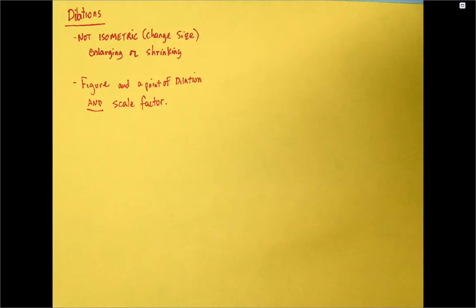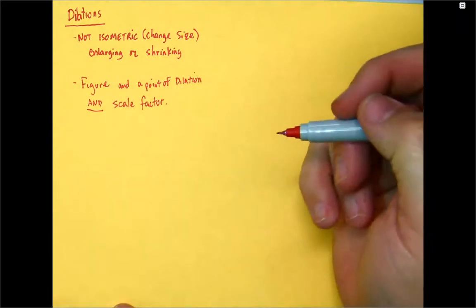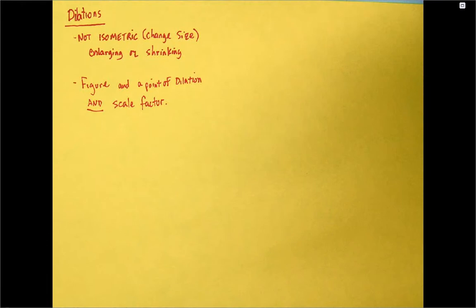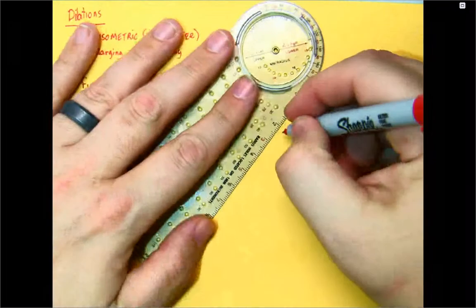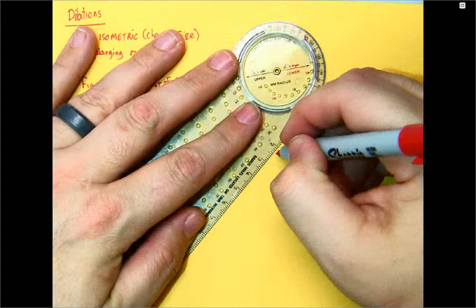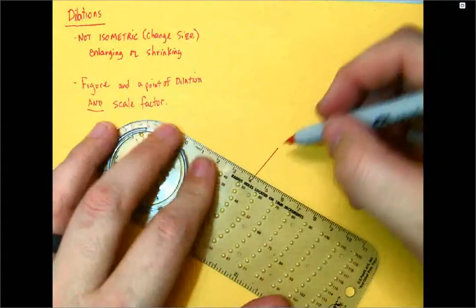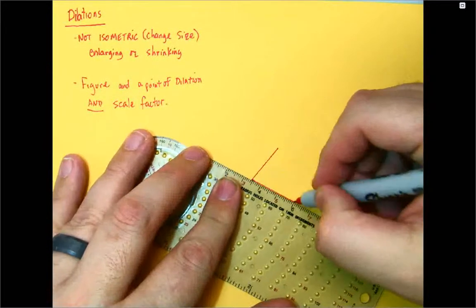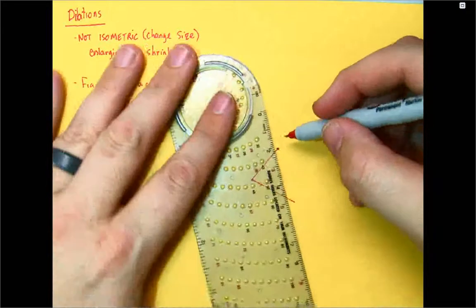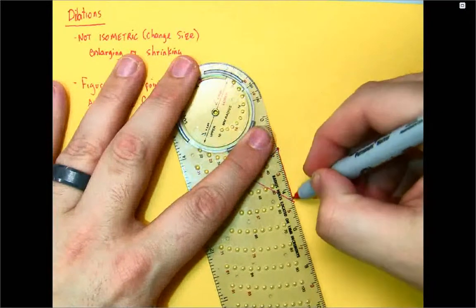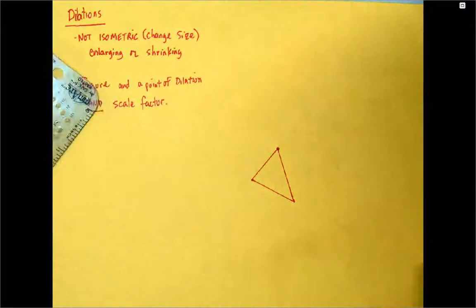The nice thing is we don't have to worry about angles, we don't have to worry about anything like that. What we're going to do is we're going to just need a ruler of some kind. So, here's an example. I'm just going to draw a triangle here. Alright, so here's our figure.